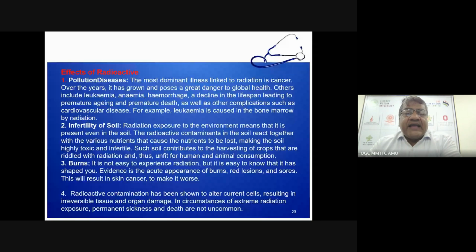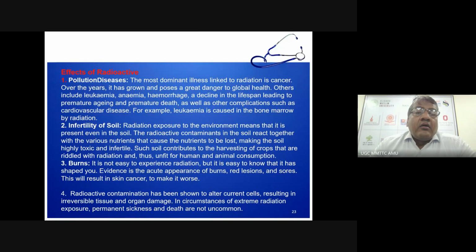Infertile means there are no crops. Such soil contributes to the harvesting of crops that are riddled with radiation and thus unfit for human and animal consumption.